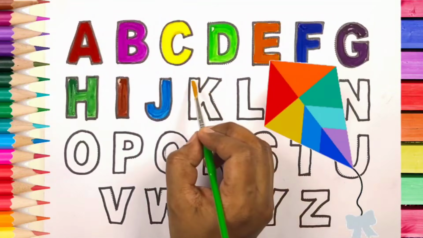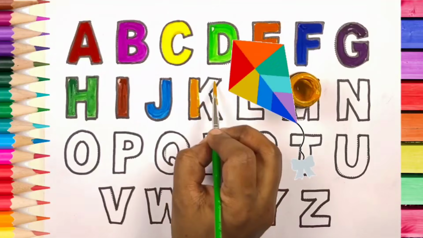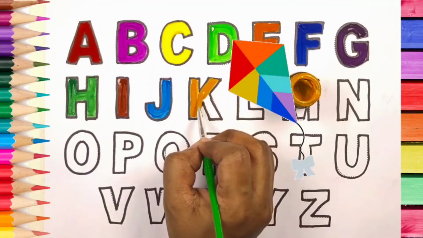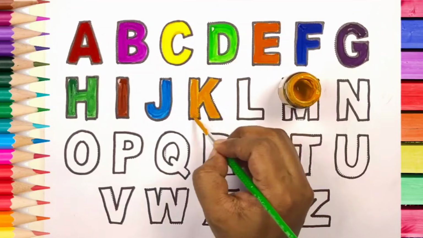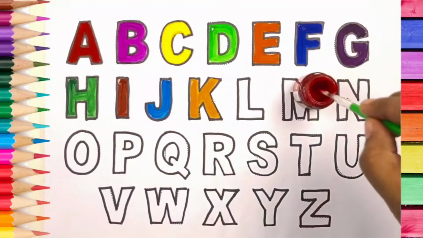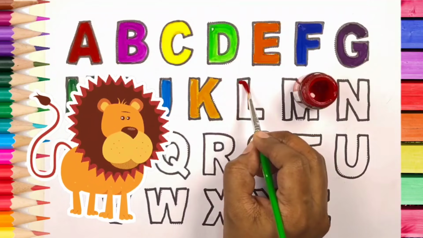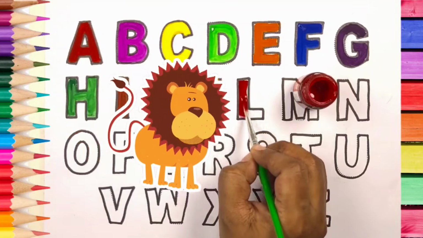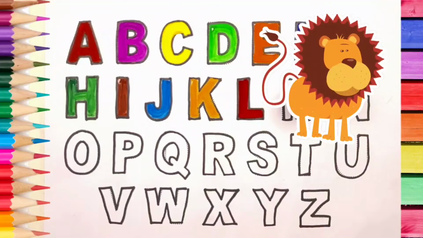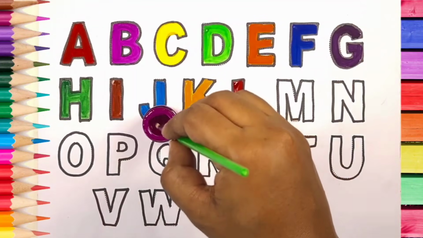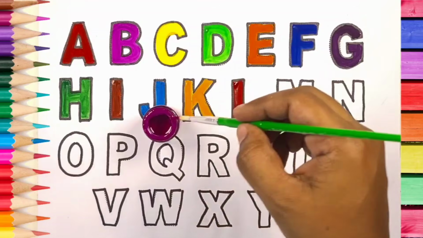K for kite. Humpty Dumpty had a great fall. All the king's horses and all the king's men couldn't put Humpty together again. L for lion. M for monkey.